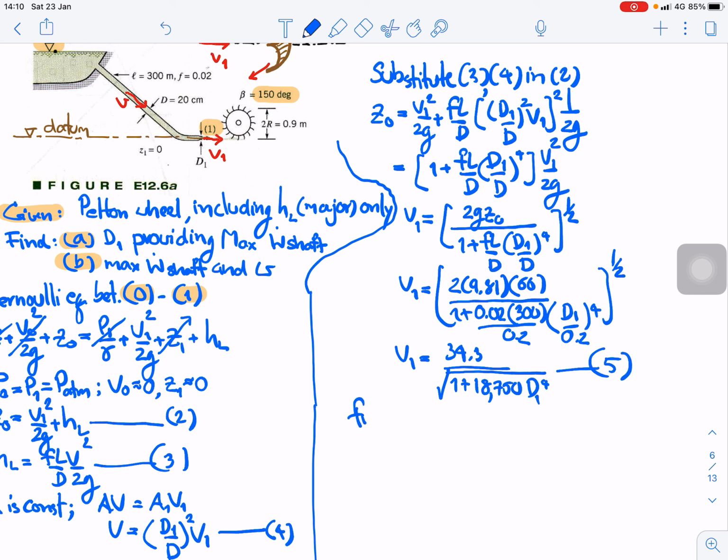Then we form Q equal to, and substitute in equation 1.